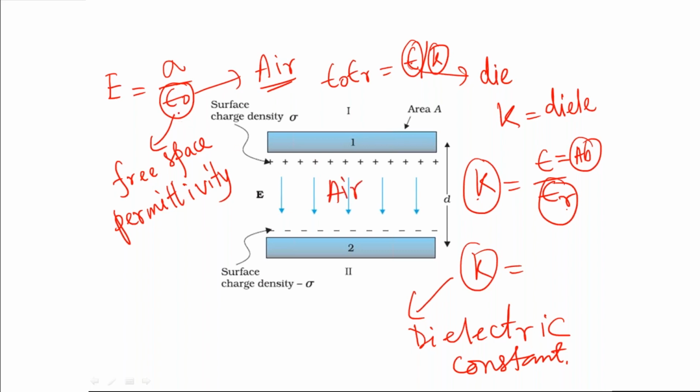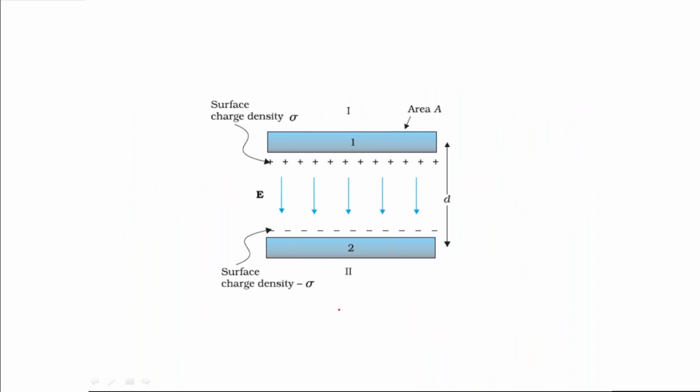So as I told you, capacitance can be obtained by this equation. I have a relation between electric field and potential difference, that is V is equal to E into d. Then to get V, the potential difference between the plates, we have sigma by epsilon naught, and you just multiply d with that.